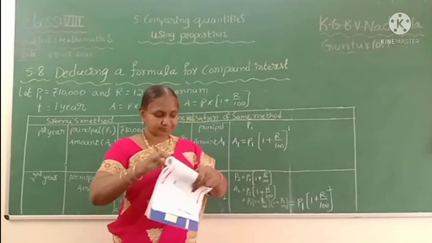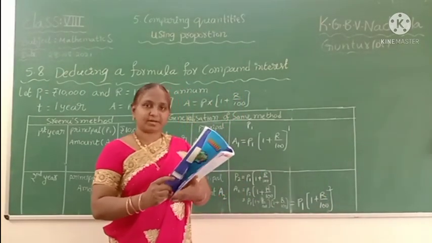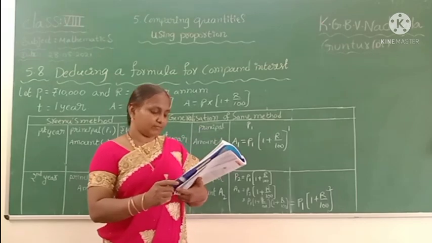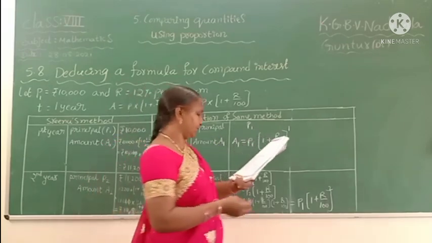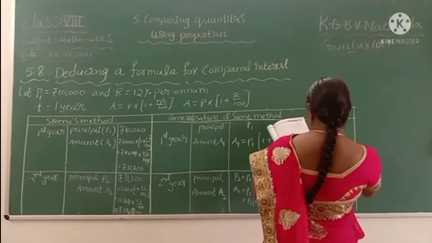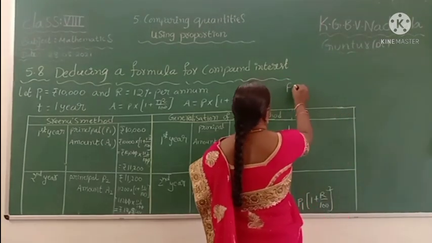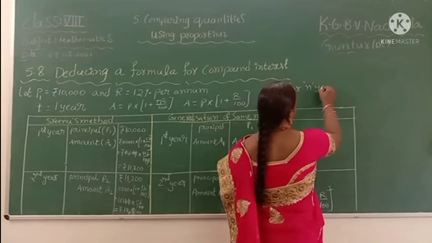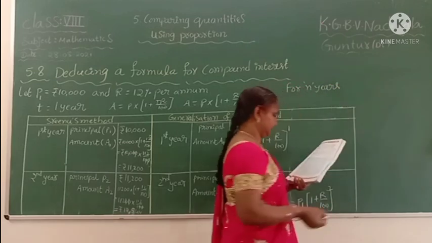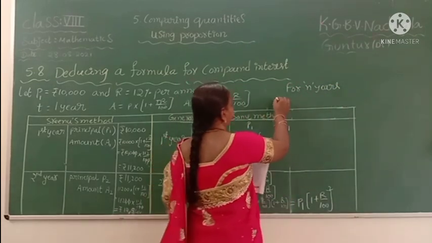In this way we can deduce the formula for compound interest for number of years, for n years. Okay. For n years, compound interest.